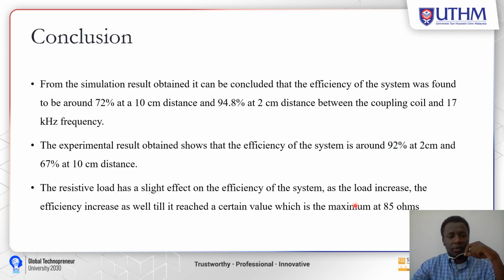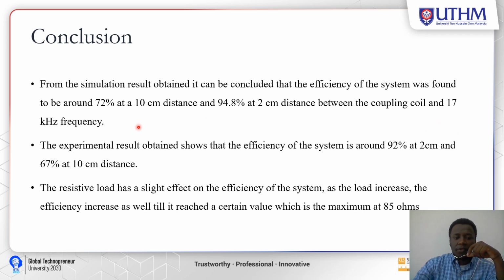So now we go to the conclusion. From the simulation result obtained, it can be concluded that the efficiency of the system was found to be around 72% at 10 cm distance and 94% at 2 cm distance between the coupling coils, at around 17 kilohertz.